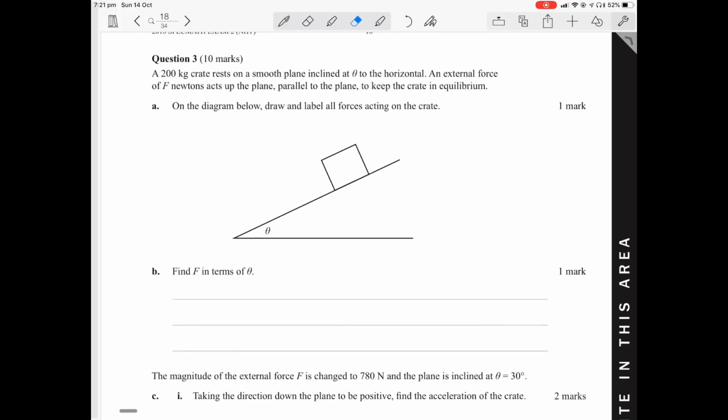Okay, question 3. 200 kg rests on a smooth plane. Okay, so it's got no friction, theta degrees. The horizontal and external force F newtons acts up the plane. So that's F. There's my normal force, not that we really care because it's got no friction. There's my angle, 200 g. That way, theta's there.